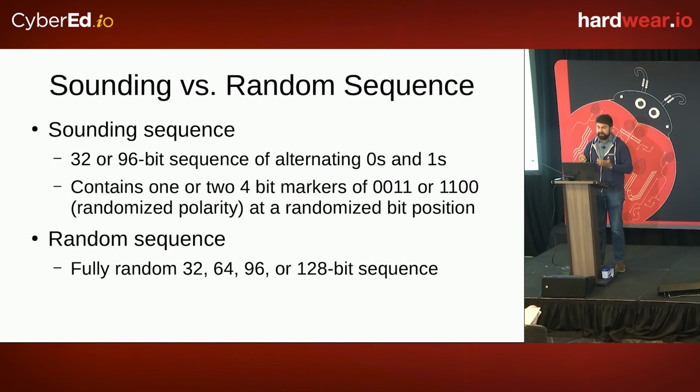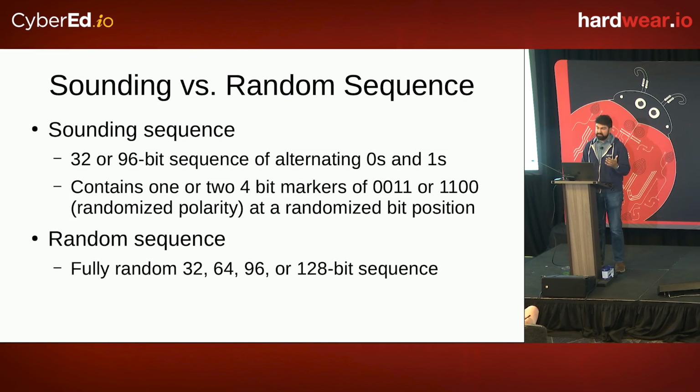However, there is a field within that sequence called a marker that can be either 0011 or 1100. Those are the two possible polarities for it. Both the position and the polarity of the marker are randomized. For the 96-bit sequences, you could have either one or two markers in there, just depending on another random value.